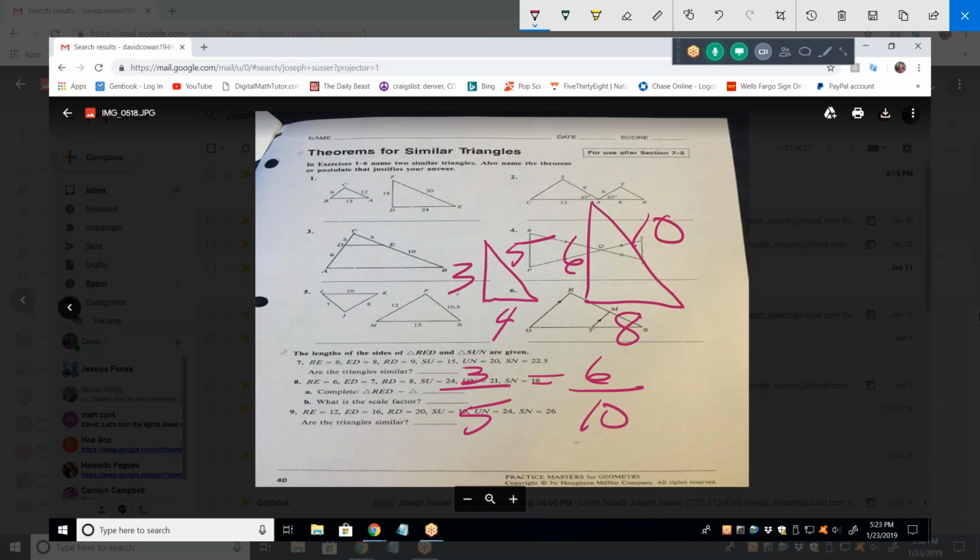In other words, it's not just the ratio of corresponding sides, it's also one side is to another as one side is to another. Or 3 is to 4 as 6 is to 8.